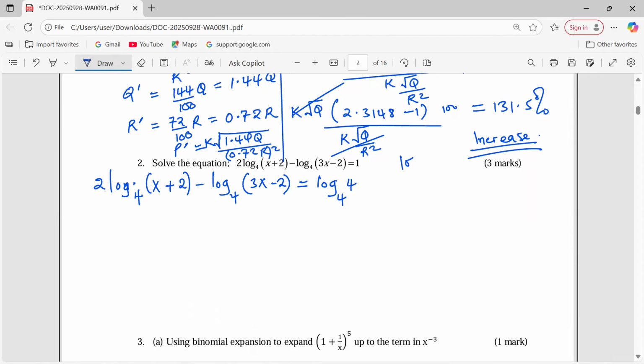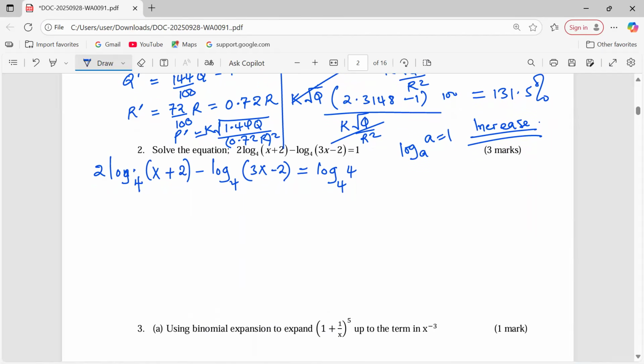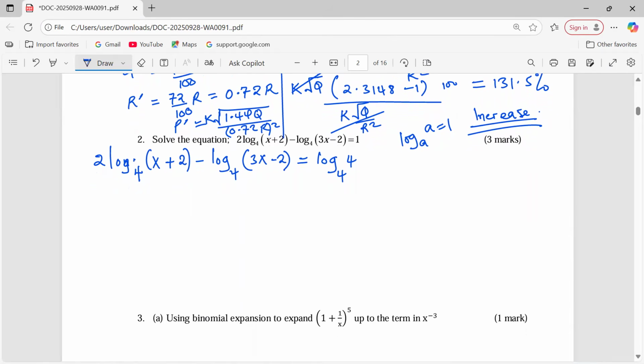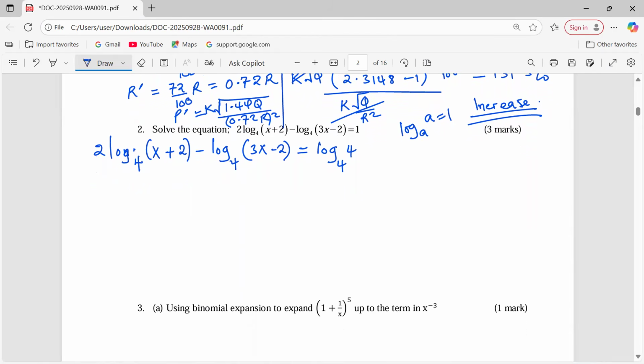Since the log of a number to the same base is 1, introducing log 4 to base 4 doesn't change the value of 1.